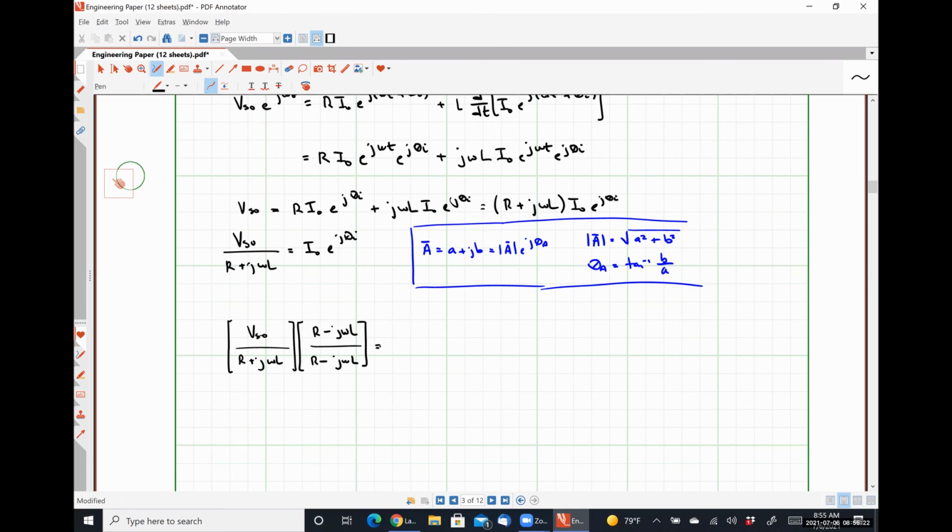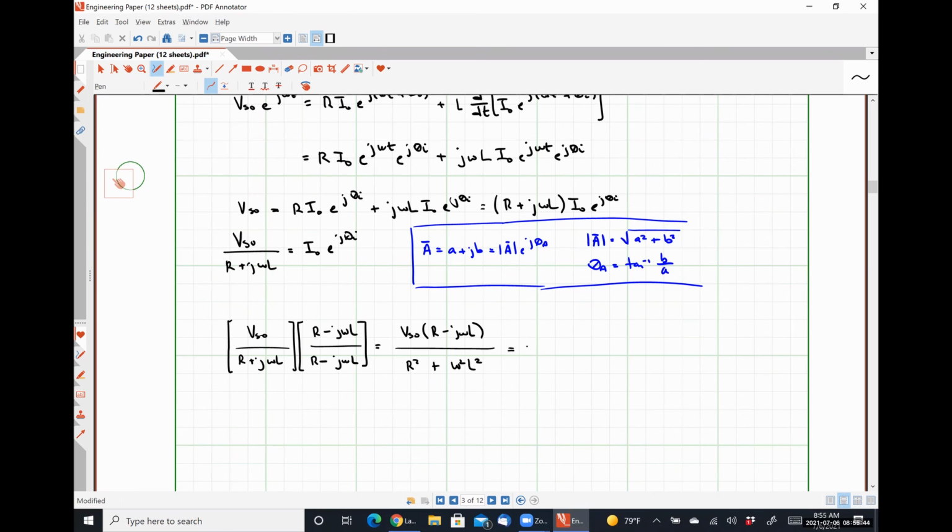This is going to give me Vs naught times R minus j omega L divided by R squared plus omega squared L squared.